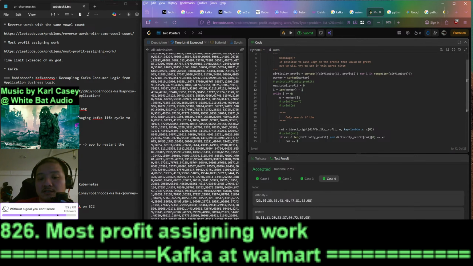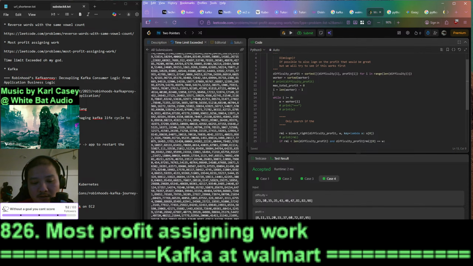So basically let's name them profit pointer equal -1 and difficulty pointer equal -1, right? So first we gotta find, right? So if profit pointer equal -1, right?